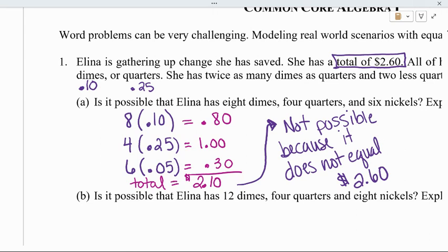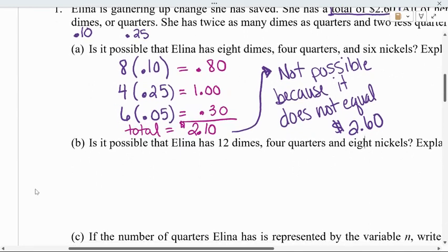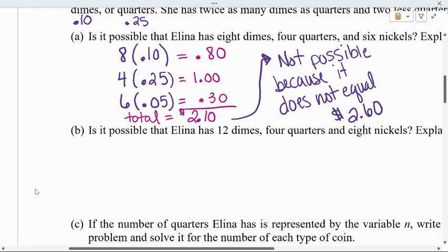Okay. So part B says, is it possible that Alina has 12 dimes, 4 quarters and 8 nickels? Is that possible? What do you think about that one? How do you want to set that up?